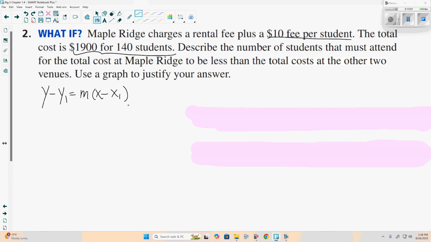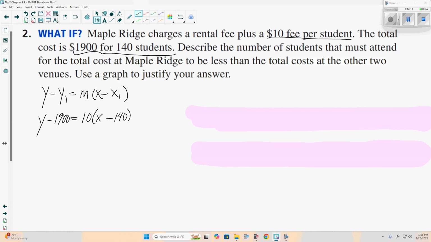Now, they told us the slope, the cost per student already for Maple Ridge, and it is $10. Now, they did give us a point, because they said for 140 students, the overall cost is $1,900.